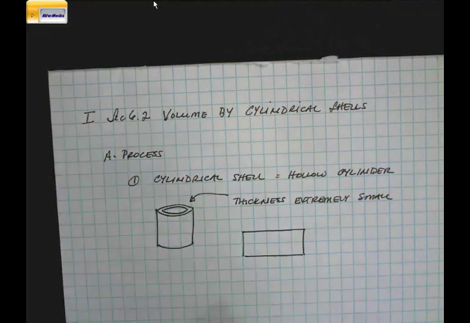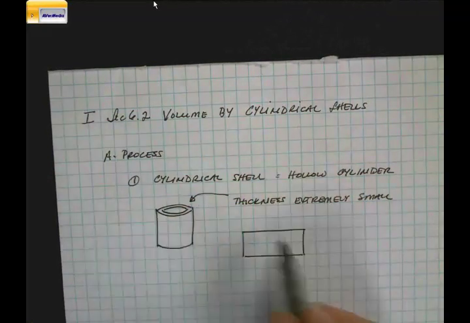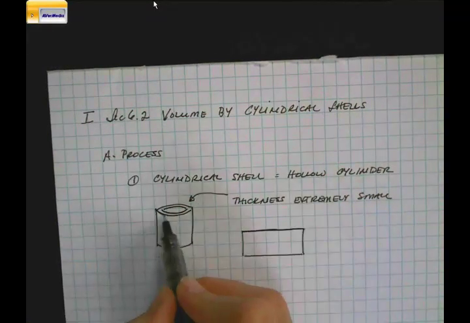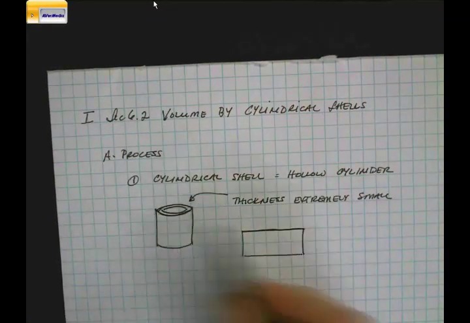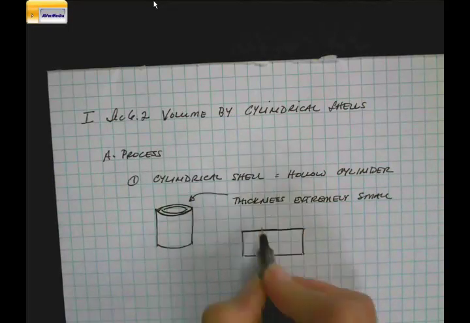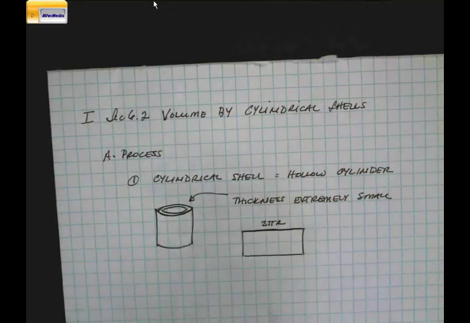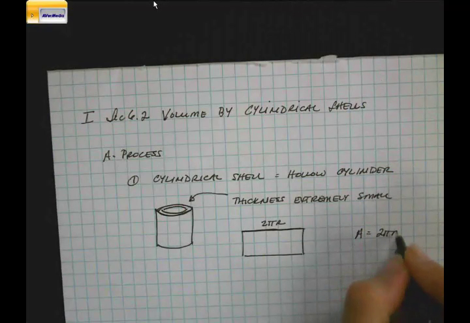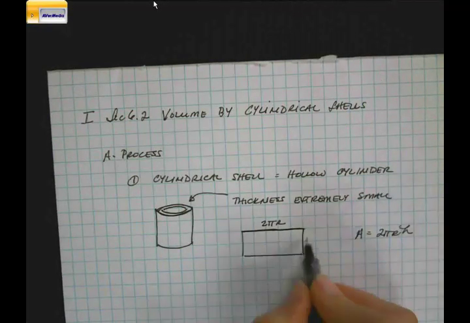The top of this was the original circumference of the cylinder, so the top is 2 pi r, the circumference of a circle. So the area is 2 pi r times h.